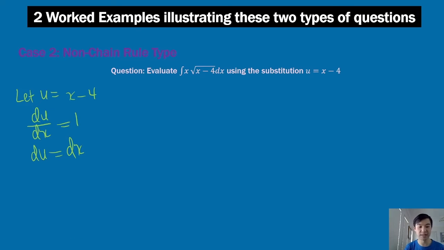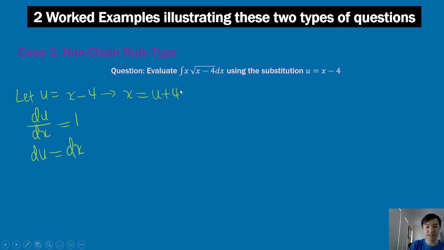So what I can do here is, inside the square root, the x minus 4 just becomes a u, but for the x, I can rearrange this so that I can say that x is going to be u plus 4, if I take the 4 to the other side and make x the subject.